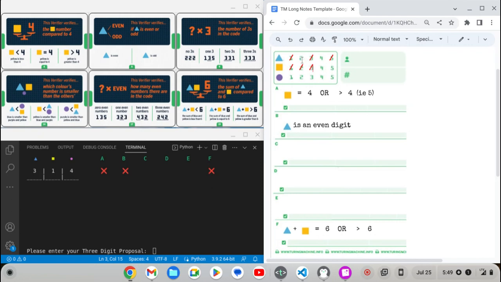So the only 6th possibility is 2, 4. Everything else would be greater. 2, 5 would be greater. 4, 4 would be greater. And 4, 5 would be greater. So that'd be interesting. Okay, but we are done with our 3 Turing tests for this round. Now we're going into the phase where we'll be discussing how to construct a good second round proposal.